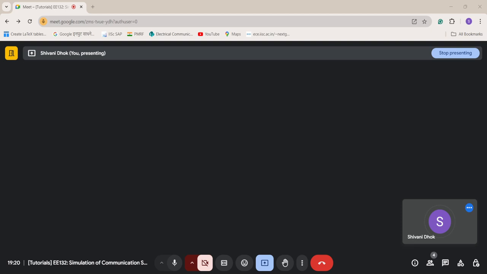Same thing we can copy paste here, and again we'll add a title also, PDF of A, and here we will add the title PDF of theta.